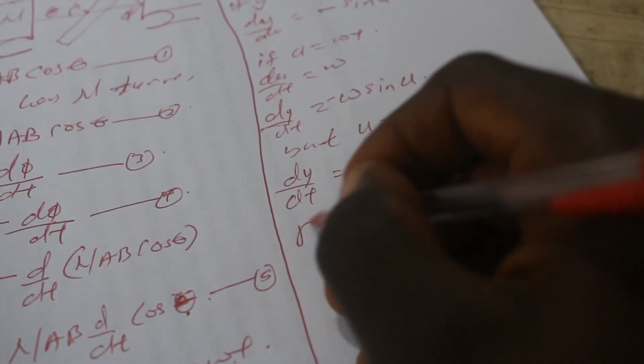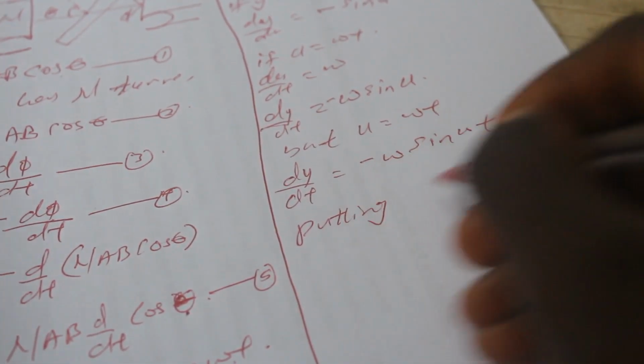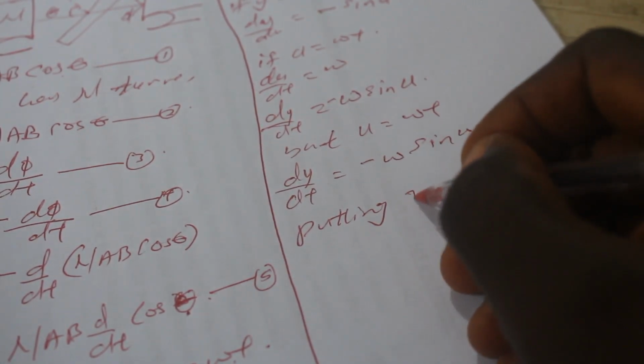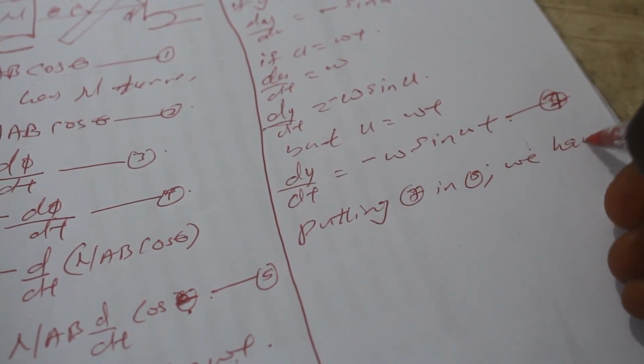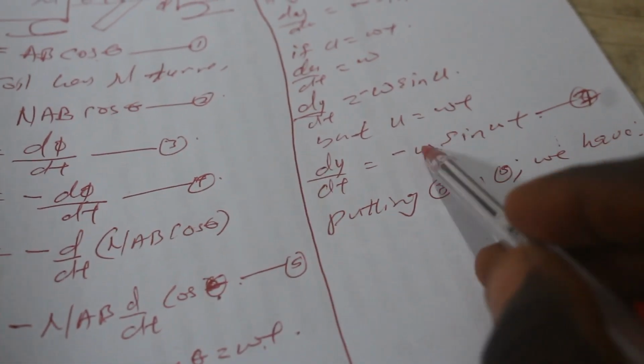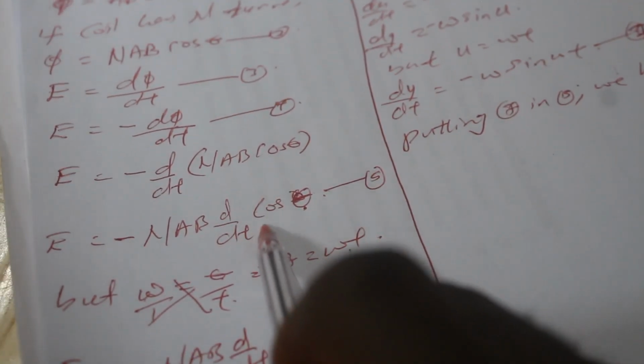So now putting 7 in 5, we're going to put this equation here into this place.